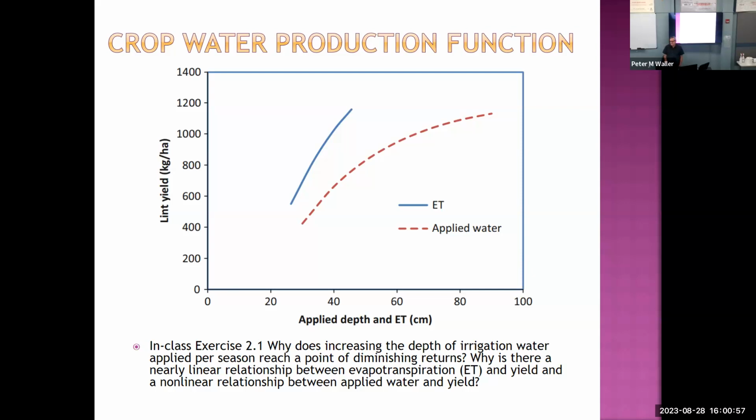Or surface irrigation runoff. Or surface runoff, yeah. So that would be one reason: you're decreasing irrigation efficiency. Okay. And then Joseph brought up some plant-related reasons. Any other plant-related reasons you can think of?